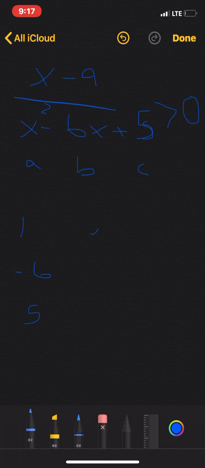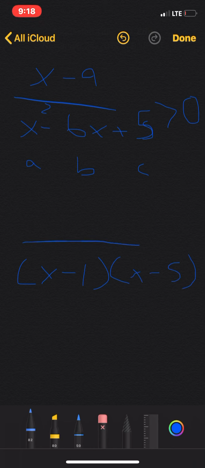You plug all of these into your graphing calculator, and you will get x minus 1 and x minus 5.